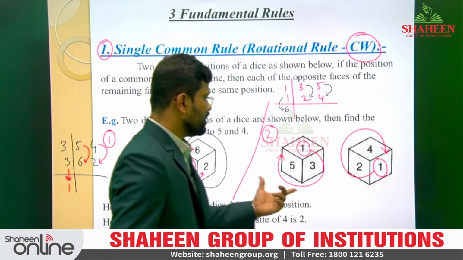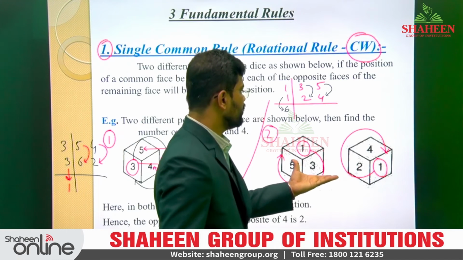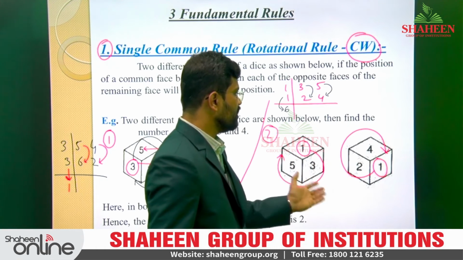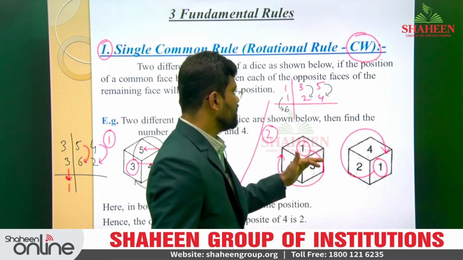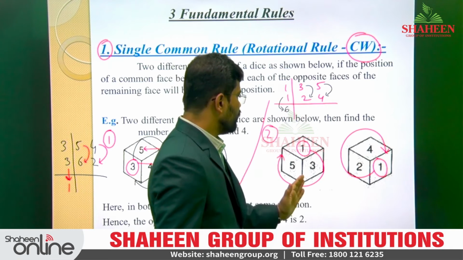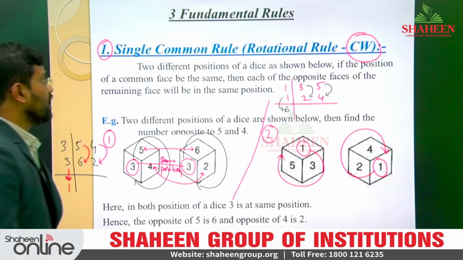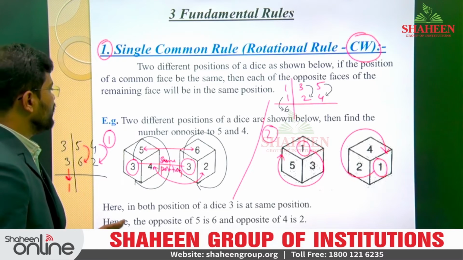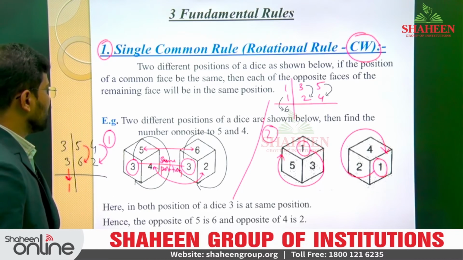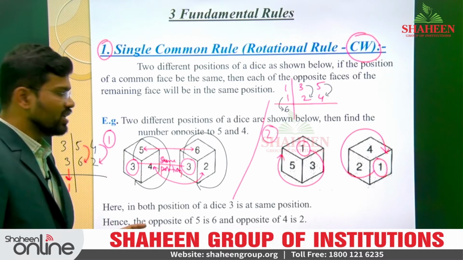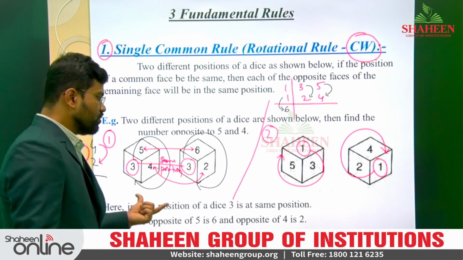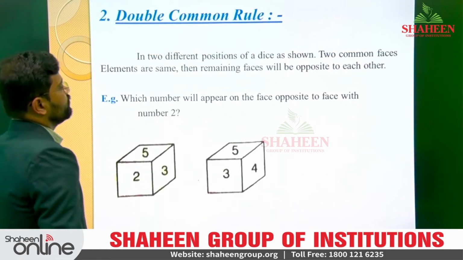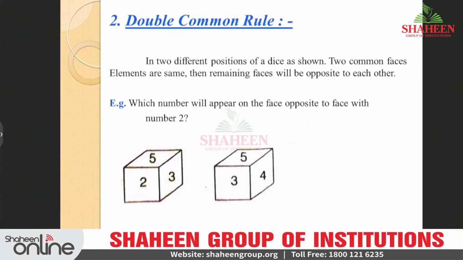When the common element is in a different position, use the rotational rule in the clockwise direction and you will get the answer. I hope you have understood, the concept is very simple. Just try to remember this trick.